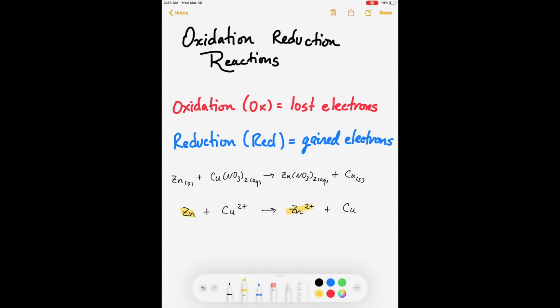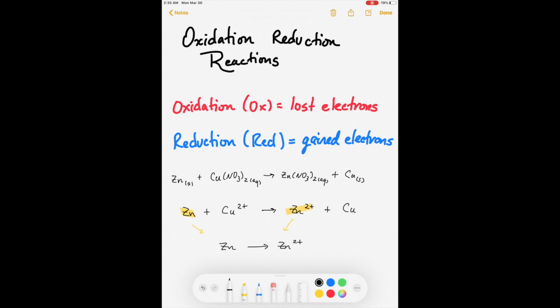In fact, one thing we could do is bring the zinc out of context for just a minute. And so this would be zinc going to zinc 2+.